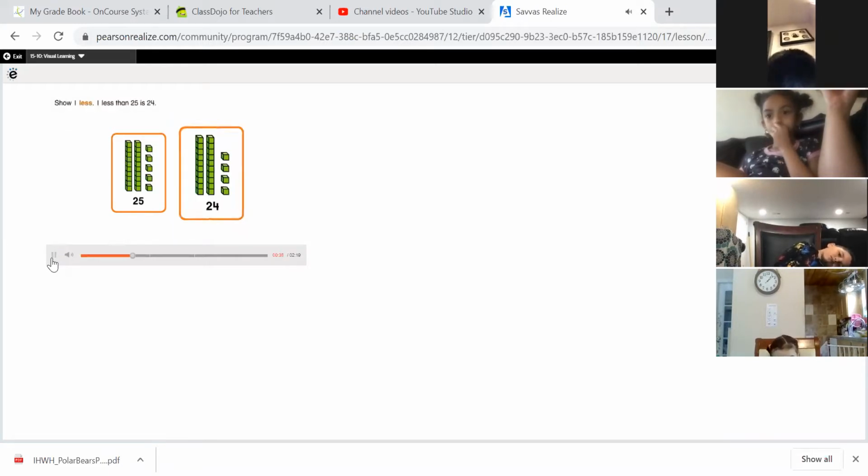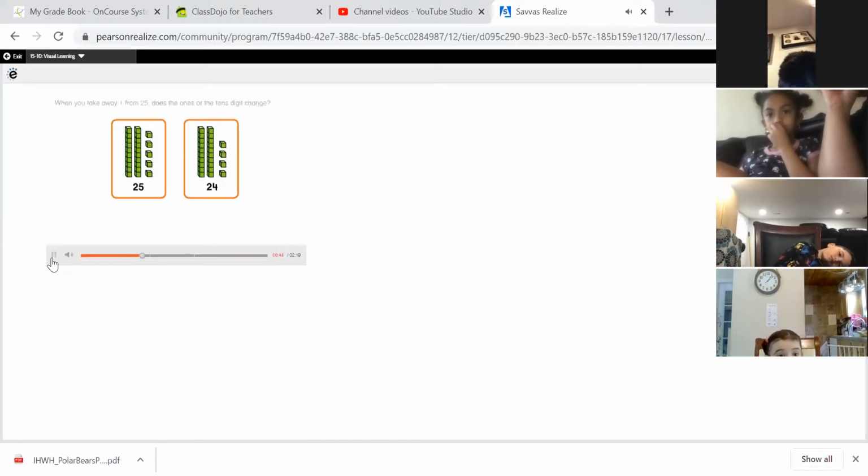Show 1 less. 1 less than 25 is 24. When you take away 1 from 25, does the ones or the tens digit change? All right. So 1 less than 25 is 24. 24 comes before 25, so that means it's less than.